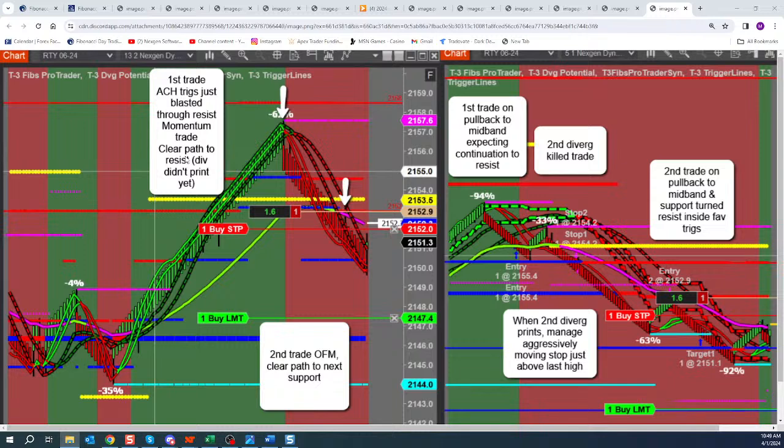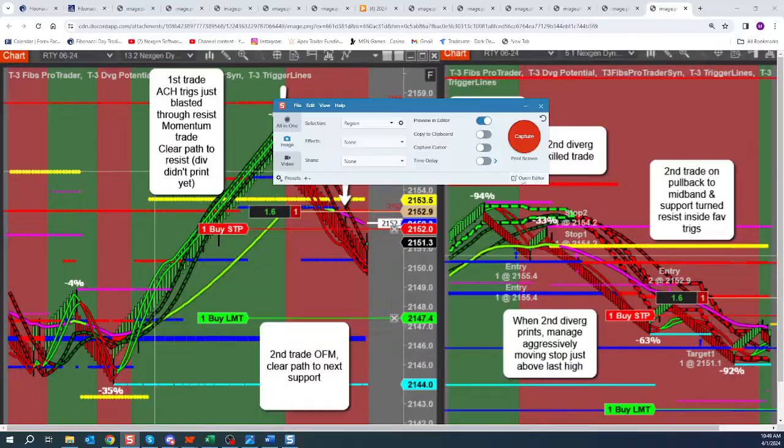So Pedro, we ended up with a strong trending market, a clear path, but your entry point is beyond the triggers, which is okay, right? You're like, strong trending, let's take it at the mid band and hope for the best. And then when the second divergence prints, that's your opportunity, saying to yourself, man, if this prints, I'm done.